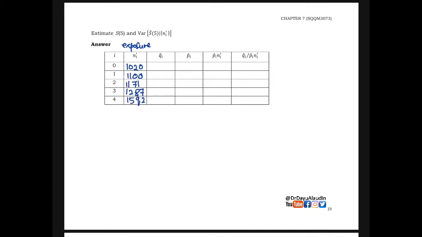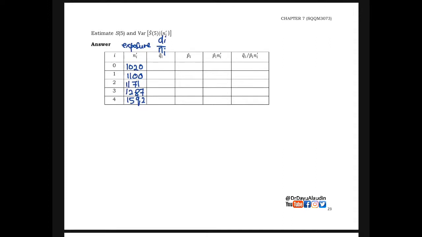So how to find Qi? So Qi is the probability of death. Qi is equal to di over Ni. Remember, number of death over the exposure, or number of those contributing in the observation.